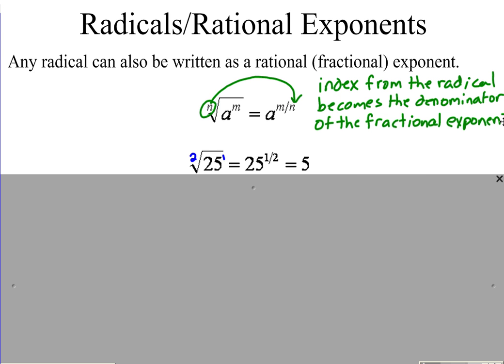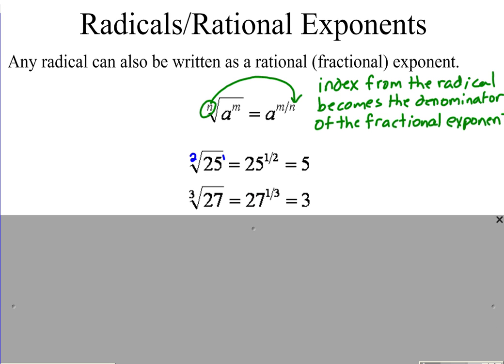If you plug that into your calculator as root 25 or 25 to the 1/2 power, either way you are going to get 5. Cube root of 27. Index of 3 becomes the denominator of the exponent. So 27 to the 1/3 power, plug in 27 to the 1/3 power, and you are going to get 3.